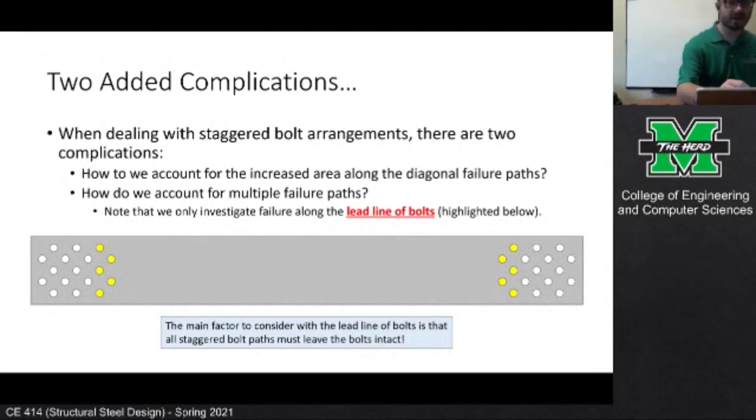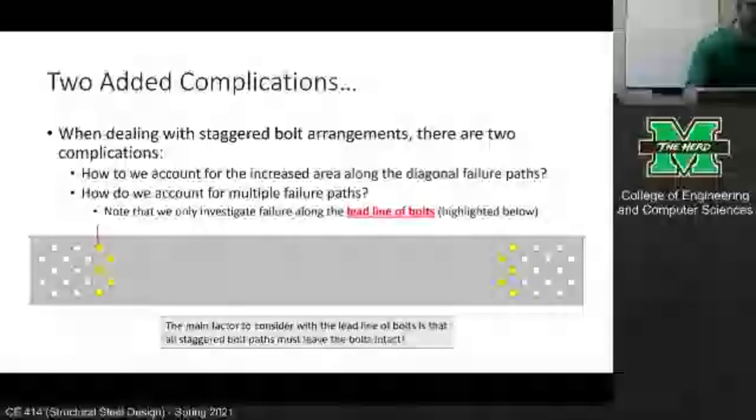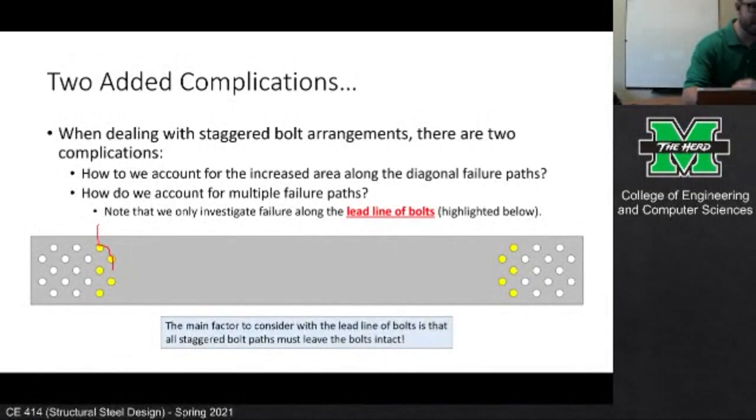Because instead of, and I'll draw this over here, before when we would load a tension member the cross-section would go like this, now we're going to have cross-sections that, maybe we're going to have a cross-section that does that, or something like that. So we're going to have these diagonal failure paths, and how do we account for those little diagonal sections?